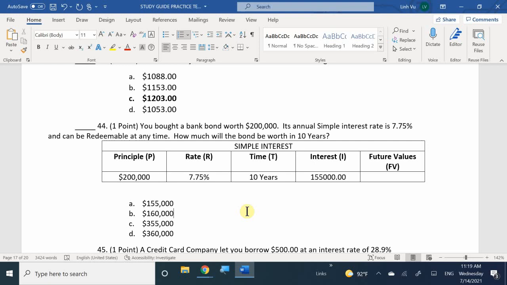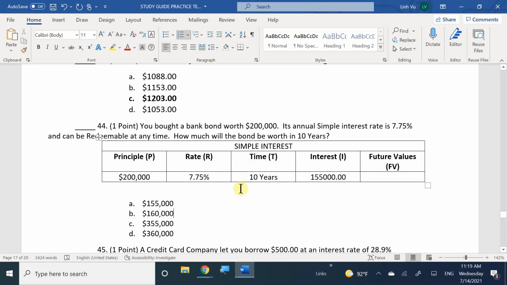So am I asking for interest collected, or am I asking for future value? Oh, the actual bond itself. So you're asking how much the actual bond would be in 10 years at 7.75% interest? Correct. So is your bottom line that I'm calculating it wrong?